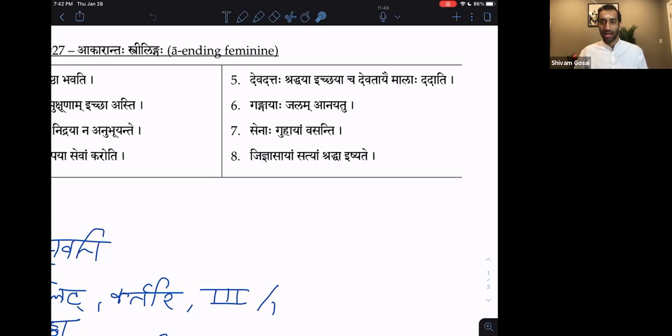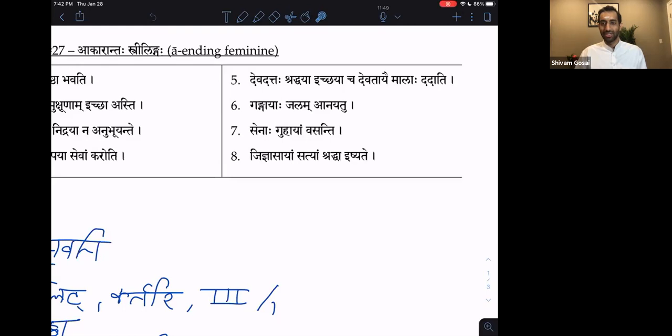Ganga, Gange, Gangaha. Gangam, Gange, Gangaha. So it could be first case, but we know Devadatta gives. Gives what? Mala. Mala is a ending, feminine, meaning garland. This is Dvitiya Vibhakti, Bahuvachanam. This is Karmani Dvitiya to Dadati.